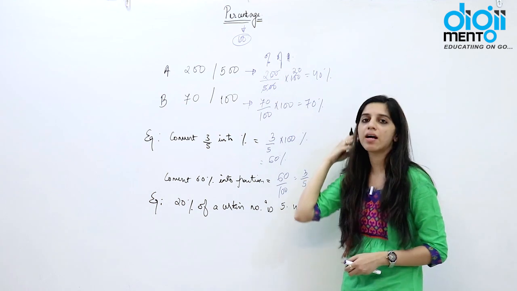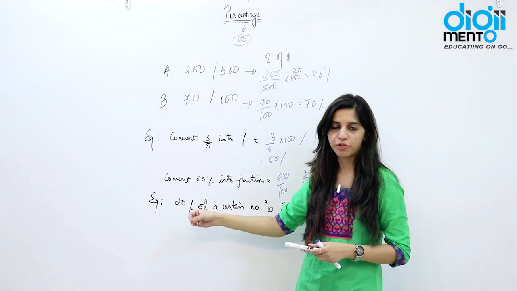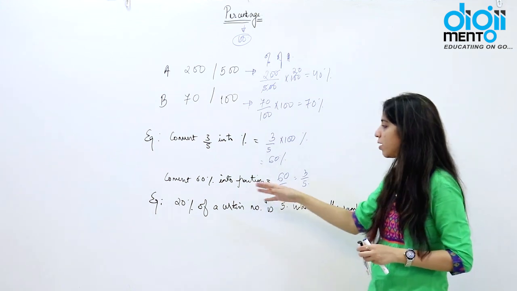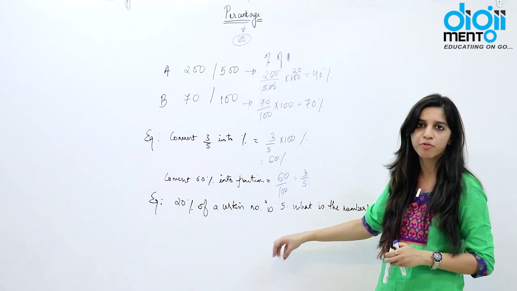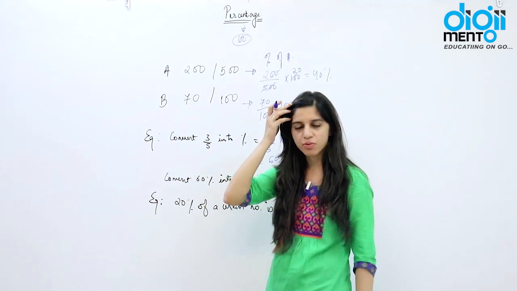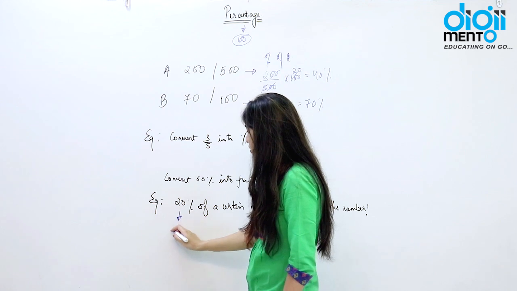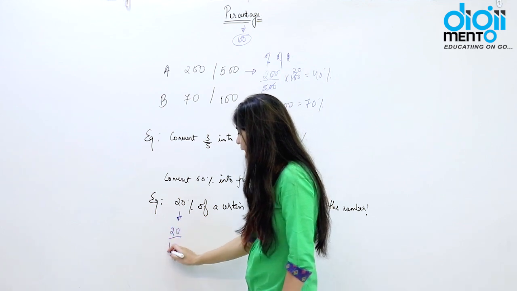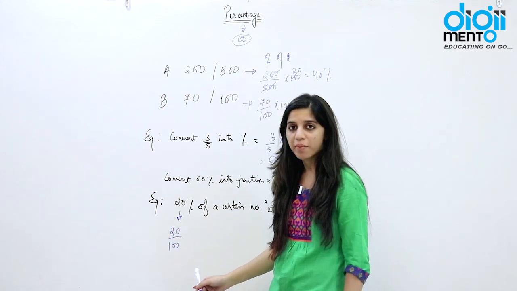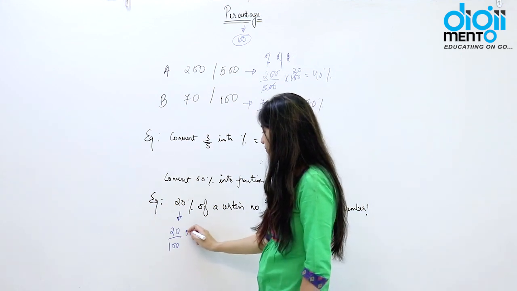I am saying that there is a number of which 20%, or 20 by 100 parts, is going to be 5. Then what is the number? See, firstly I convert it into fraction. How do you convert it into fraction? You remove this percentage sign and divide by 100. So what am I saying? 20 by 100 of a number, suppose that number is x.